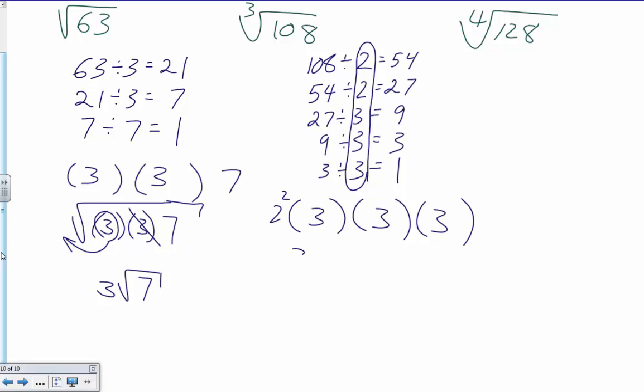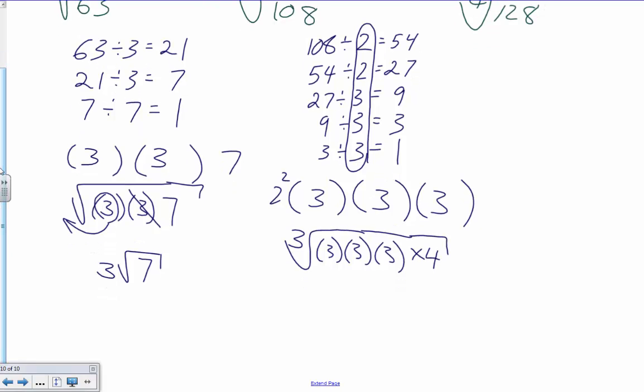So that means under the radical you have the third root of 3 times 3 times 3 times, I'm just going to call it 4. So what number multiplied by itself 3 times? Well, that would be this one. So the 3 comes out and I get rid of the other 2. And I'm left with 3 third root of 4.